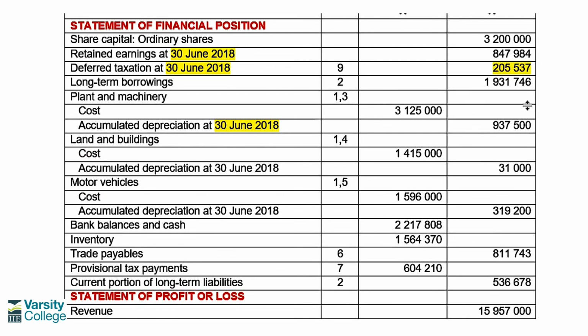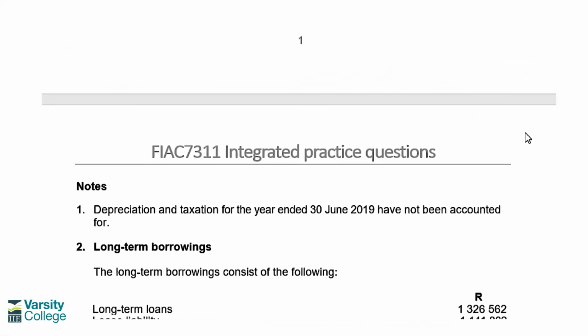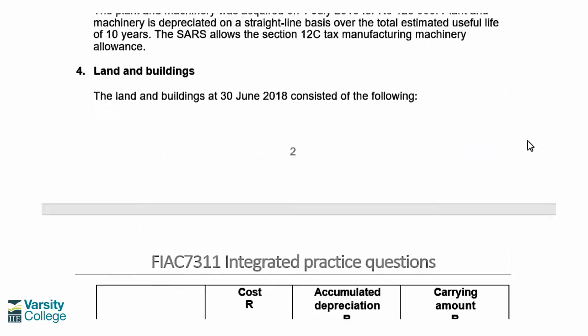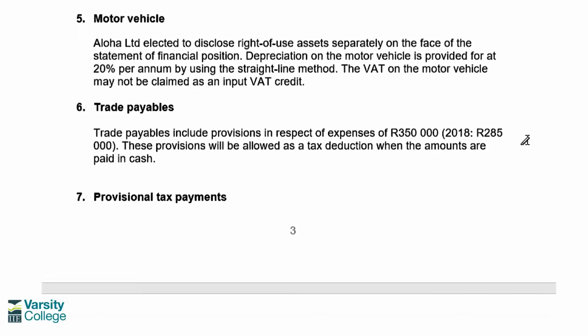So that DTL is after deducting the DTA on the assessed loss. When you do your tax calculation, it's always easier to work with the DTL separately from the deferred tax asset on an assessed loss. So you're going to separate it out into two components. It's just easier doing it that way. So that's a bit of a curved ball and is going to cause you a bit of a challenge when answering the question.